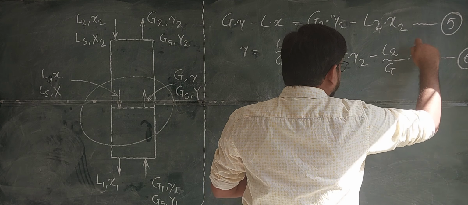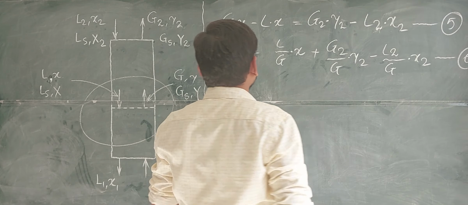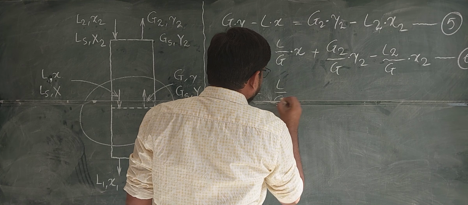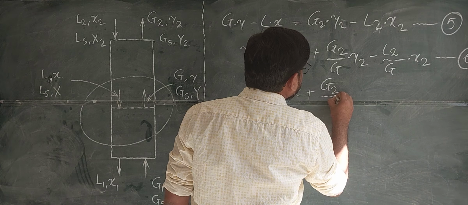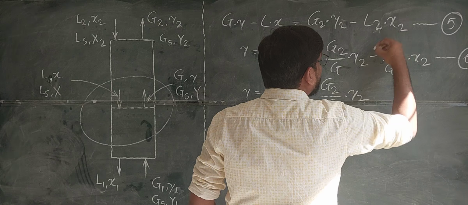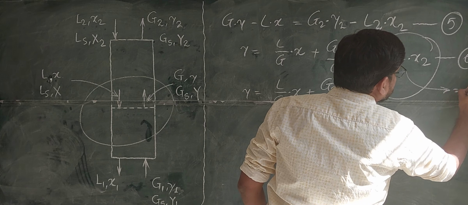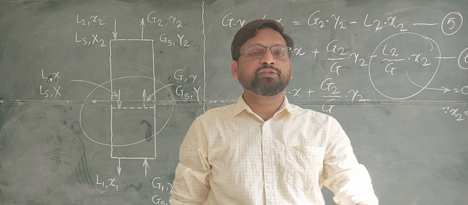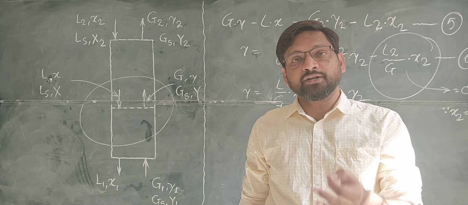If X2 becomes equal to 0, we can again rewrite this equation as Y is equal to L by G into X plus G2 by G into Y2, where the last term, involving X2, goes to 0, since X2 is equal to 0 when the solvent introduced at the top of the absorption column for absorption purpose contains no solute.